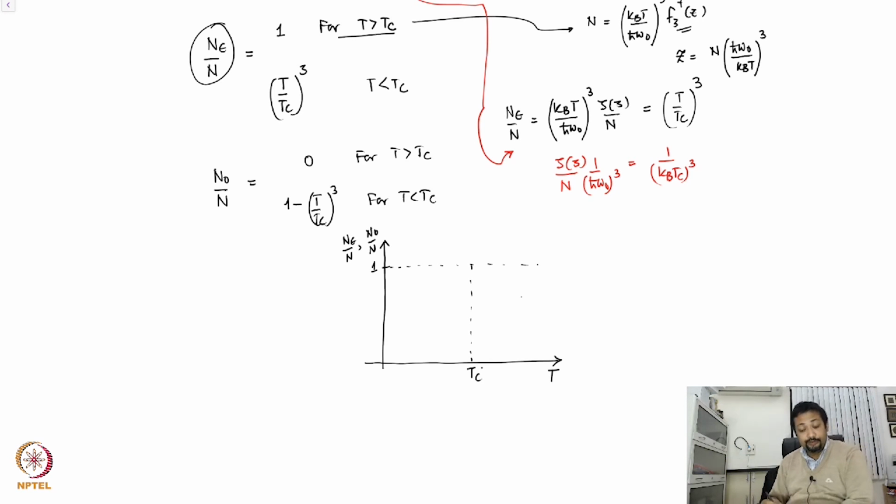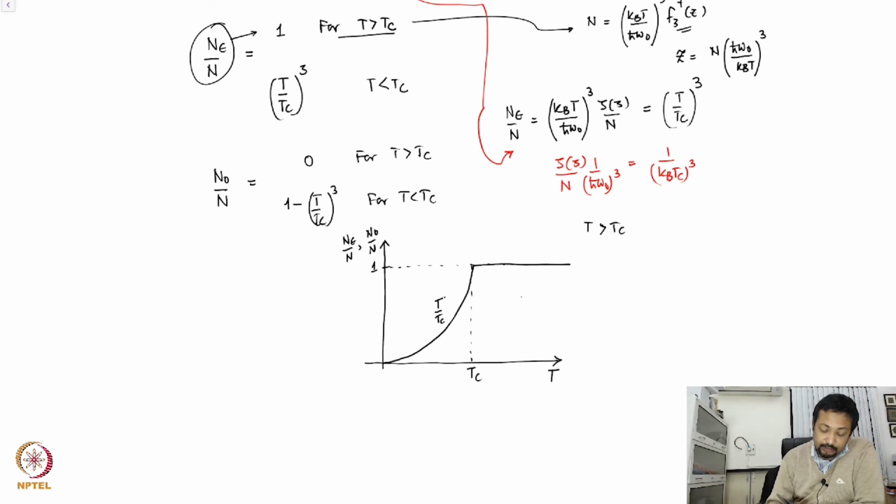For T greater than Tc, my ratio of N_epsilon over N is unity, so this remains like this. As I cross the critical temperature, this expression follows (T over Tc) whole cube.